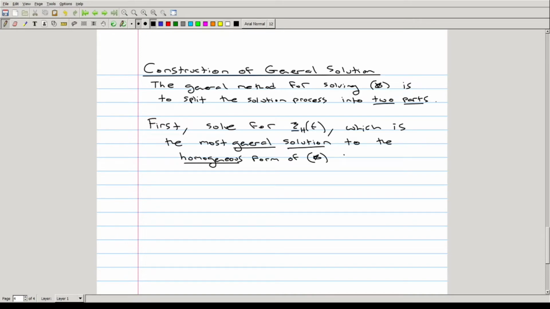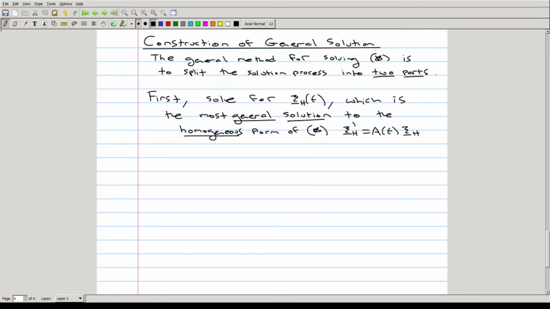So xi h is the most general solution to the differential equation system xi h prime is equal to A of t times xi h. Remember here, we're doing matrix-vector multiplication. In general, you want to make sure that you review your linear algebra as much as possible, because we're going to be using a decent amount of linear algebra in the foreseeable future.